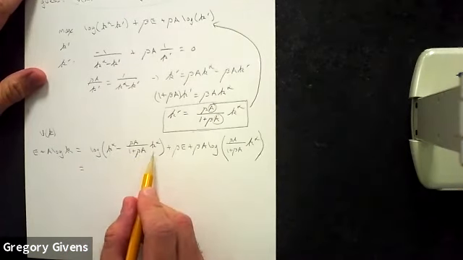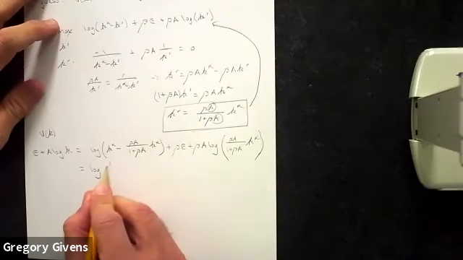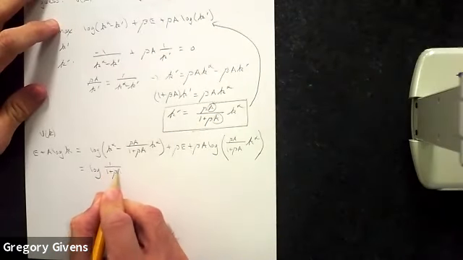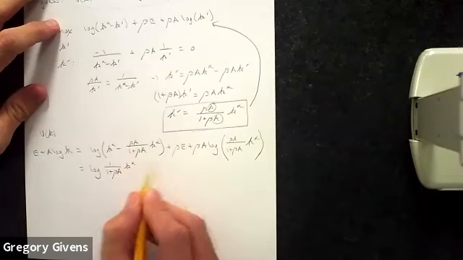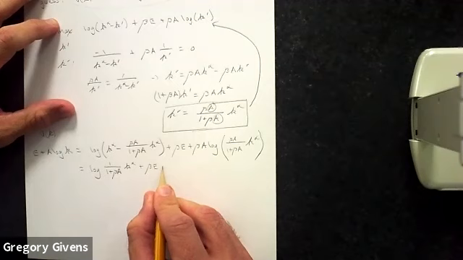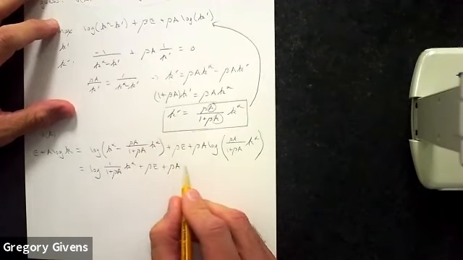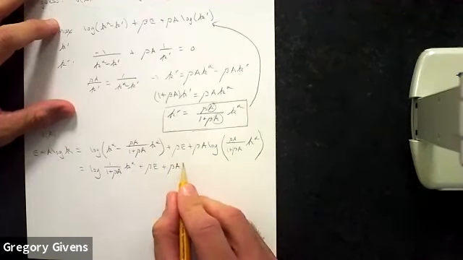So that's a log of 1 plus beta a minus beta a, that's a 1 over 1 plus beta a, k to the alpha, plus beta e plus beta a times the log of beta a over 1 plus beta a k to the alpha.